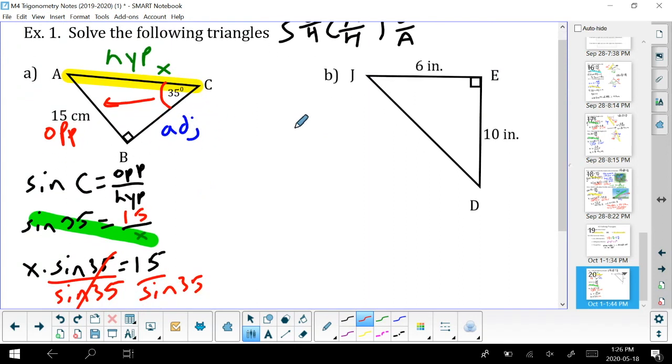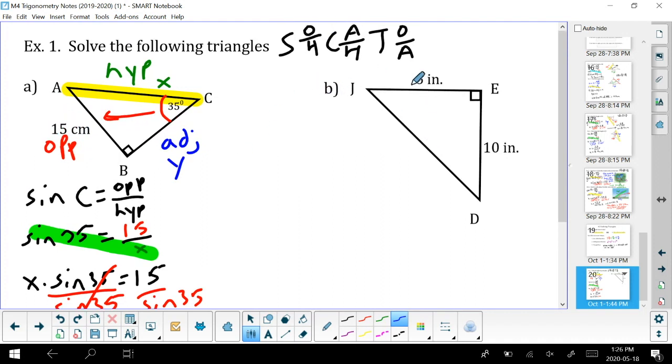So I want to figure out this adjacent side. Let's call this y. And we're going to use our opposite side. Now, again, if you wanted to use this side, you could, but you'd want a really accurate measure. You don't want something that you've already rounded. So I'm going to go ahead and use what is already given. So adjacent and your opposite side means that we're going to be using our tangent ratio.